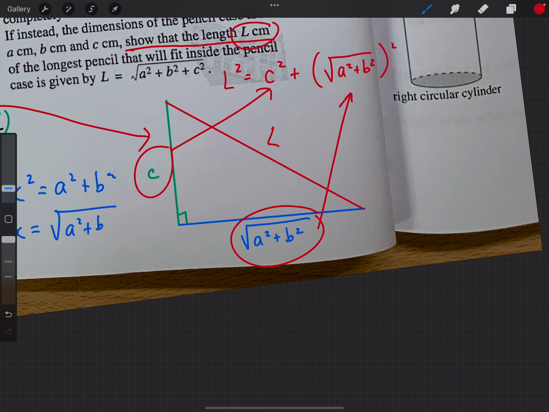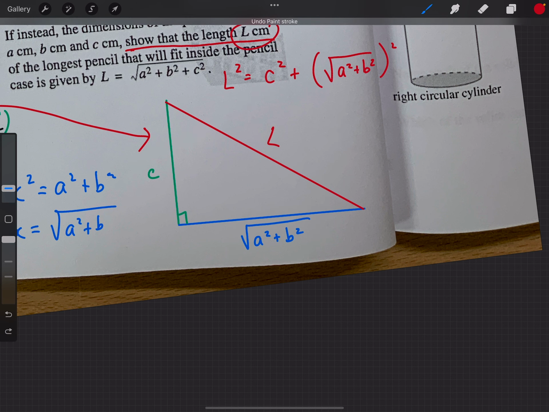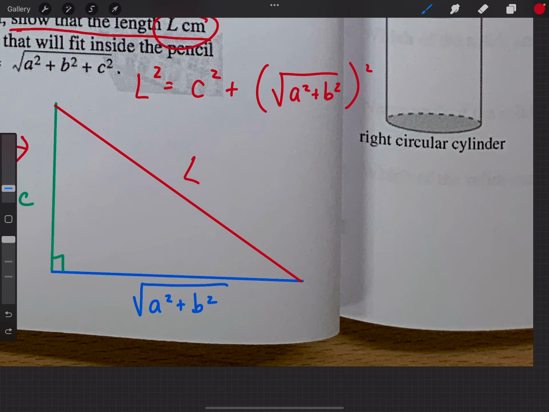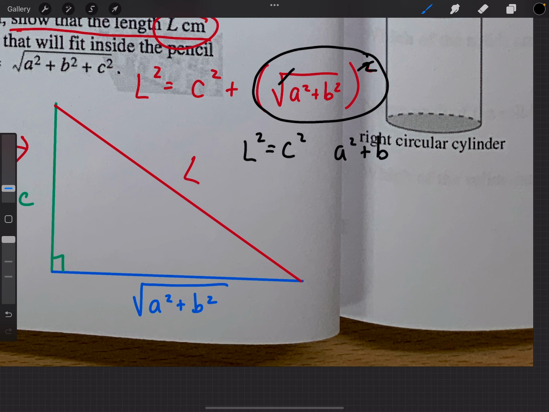That's just Pythagoras' theorem. Now I'm going to write this in black. So L squared is equal to C squared. Now what happens when you square something like this? Well, the square and the square root will cancel out, so all you're left with is A squared plus B squared.